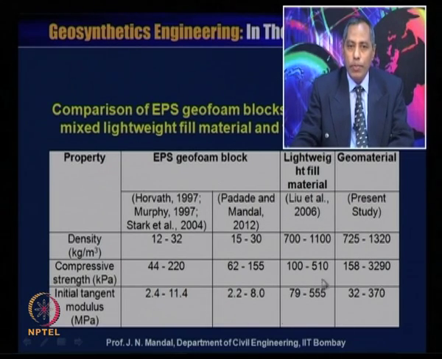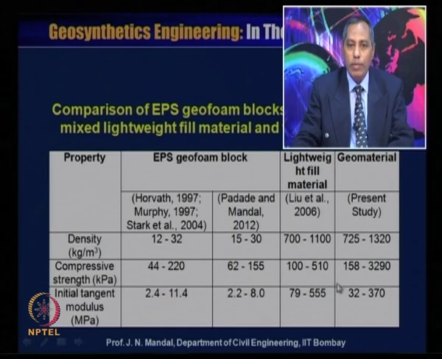This is for the EPS geofoam block, whereas the lightweight geomaterial fill material is the new material that has been developed. Here, Liu et al 2006 density is 700 to 1100 kg per meter cube, and our study gives 725 to 1320 kg per meter cube.